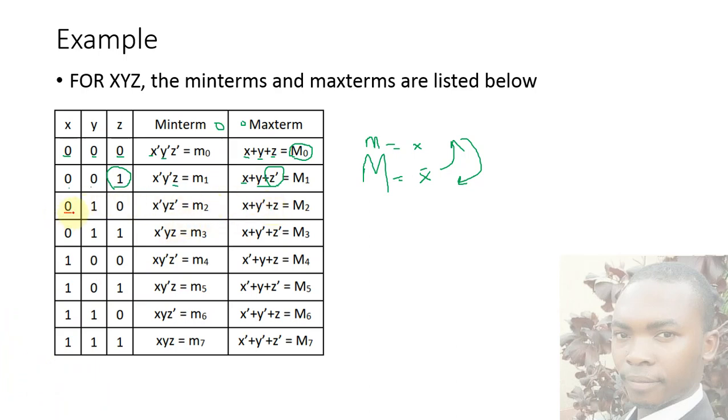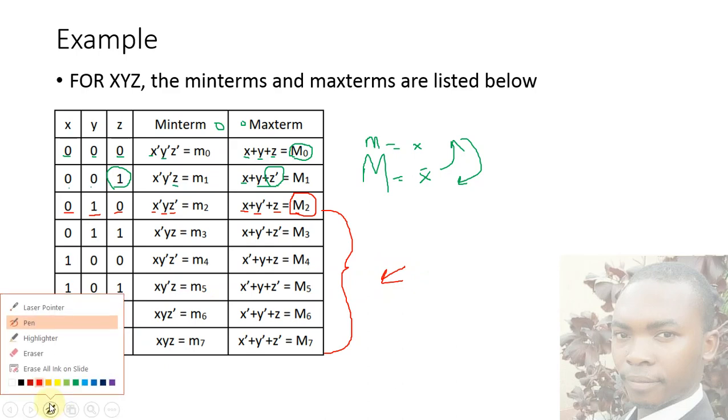If you have a 0 here, here we have an x complement, so to be an opposite of this, or to be 1, I have this x, and then to be 1, here I have something that is not complement, so here I have to complement it, make it an opposite of this, and lastly z, which is 0. In min term I have z complement, but here I have not to complement it, so I have m2 of this thing. So continue with the same thing up to down. I think you'll be able to get all those things down there.